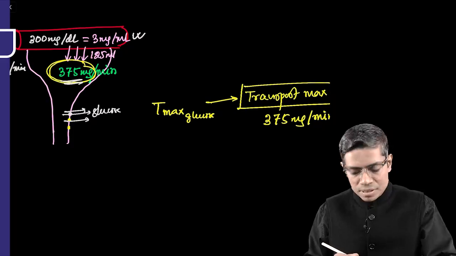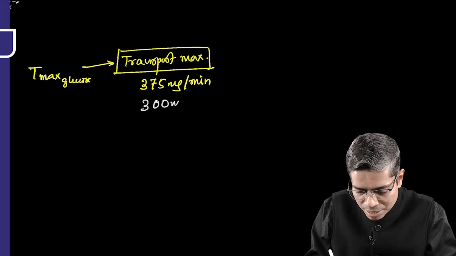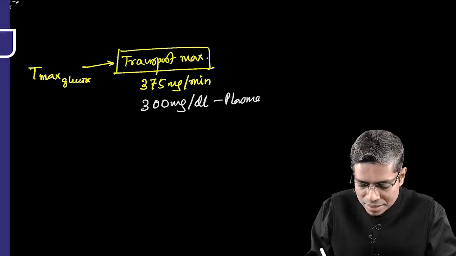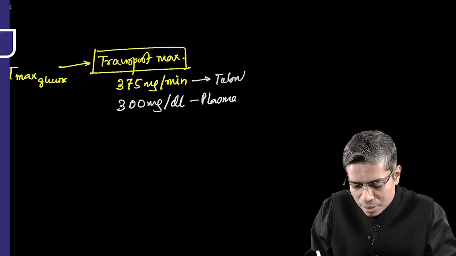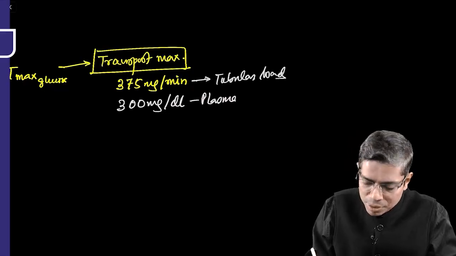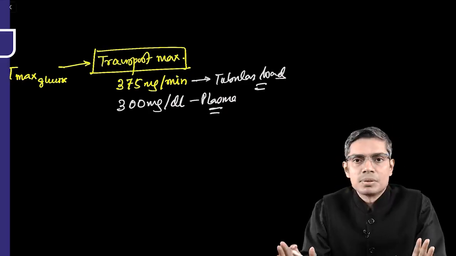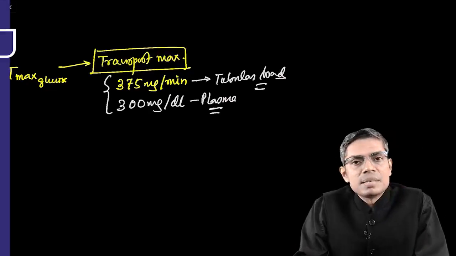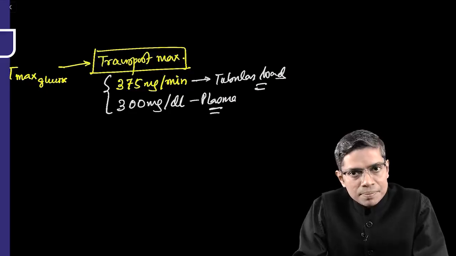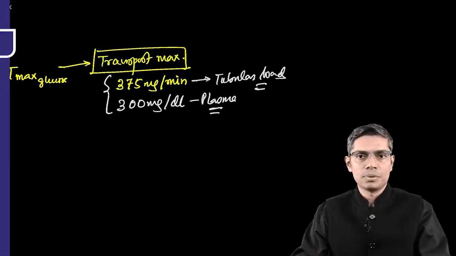The blood level of that glucose is 300 milligram per dl with respect to plasma level, and this 375 milligram per minute is with respect to tubular load. Getting my point? This much tubular load is produced by how much plasma glucose? 300 milligram per dl. So transport maximum is 375 milligram per minute, or 300 milligram per dl in respect to plasma glucose.